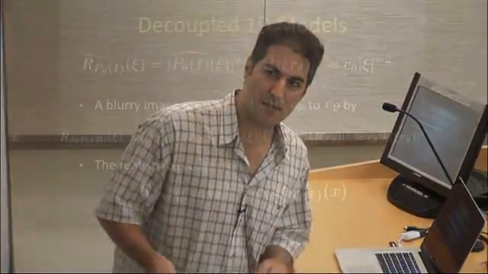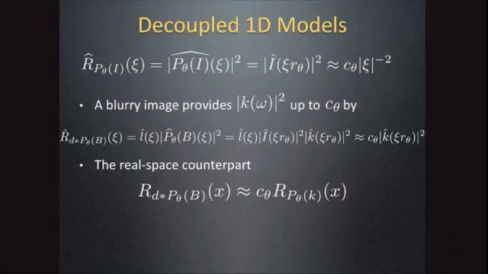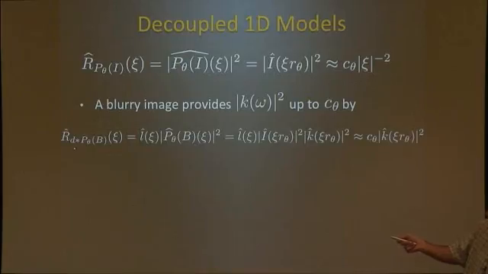So let's just apply the same relation over, rather than the image, the blurry image, and we get basically this relation: if we take the image, we first project it to 1D along some angle, we differentiate it in 1D, we compute the autocorrelation, and then go to Fourier space, then we are getting a slice of the power spectrum in Fourier space times some unknown constant.